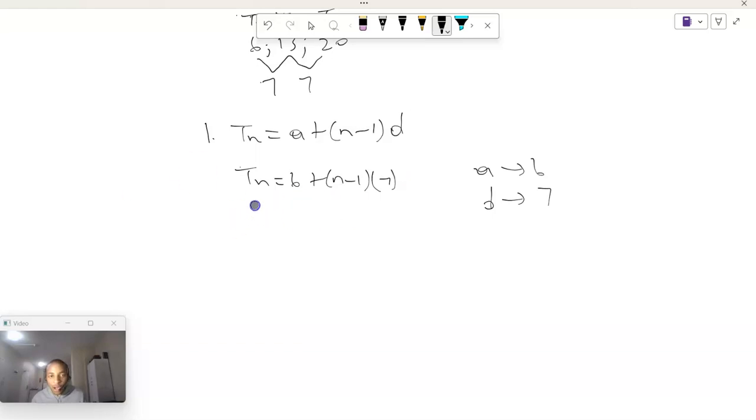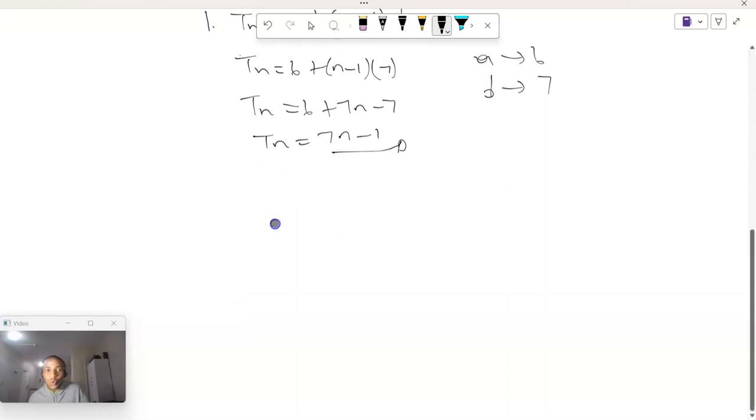To make our nth term neat, we just break the bracket: 6 plus 7n minus 7. So our Tn is equal to 7n minus 1. This is our nth term, or our general formula for this sequence, 6, 13 and 20. So we have found our nth term.